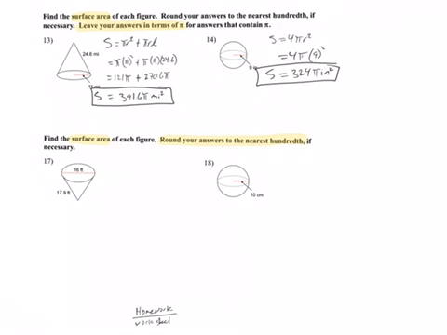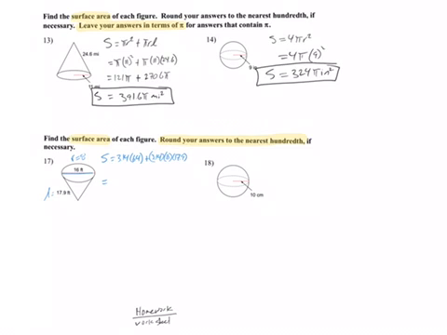All right, similarly here. My radius is going to equal 8, right, because it gave me a diameter. And this is my L. So the surface area is going to be 3.14 times 8 squared, which is 64, plus 3.14 times r, which is 8, times L, which is 17.9.